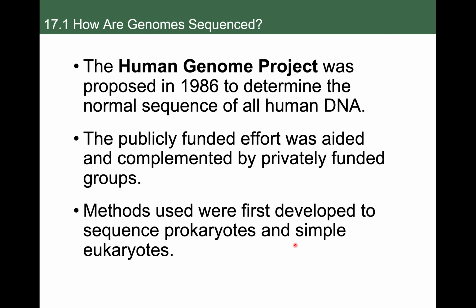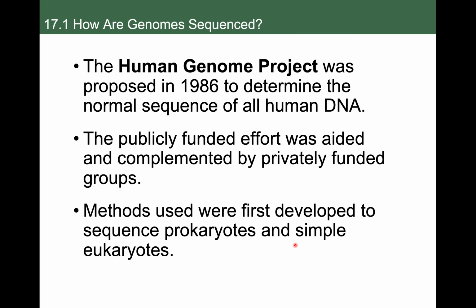So, as I mentioned, we're mostly going to talk about eukaryotic genomes in the second video, but you can't talk about genome sequencing without first mentioning the Human Genome Project. So, this was a 20-year effort, first put forth in the mid 1980s. The goal of this project was to try to determine the sequence of the full human genome.